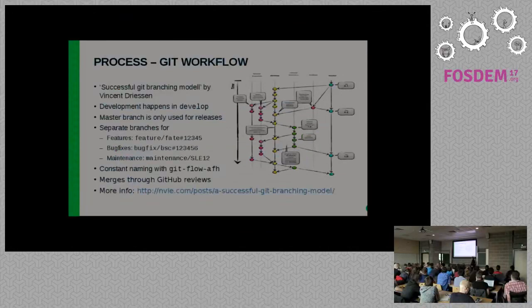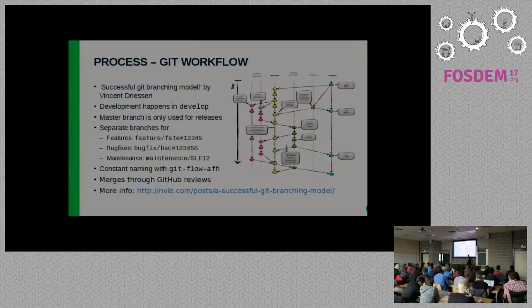So when we are talking about Git, I need to explain the branching model a bit. Maybe some of you have read this article, The Successful Git Branching Model by Vincent Driesen. The diagram looks a bit messy, but it's because it's so small.